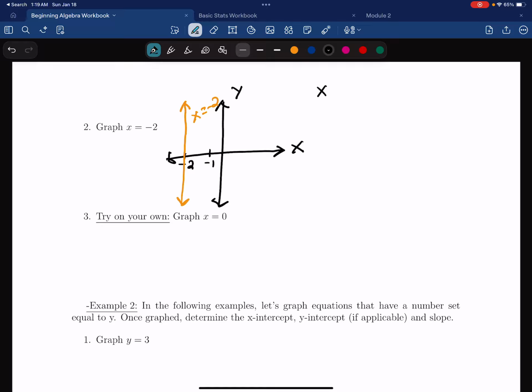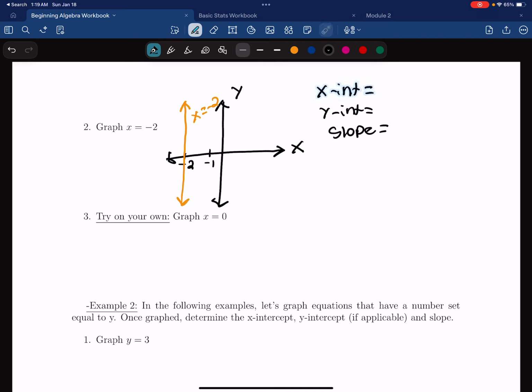Now let's identify our x-intercept, y-intercept, and our slope. I encourage you to pause the video and try to identify the x-intercept, the y-intercept if there is one, and the slope. Assuming you have worked through those on your own, let's go through it.